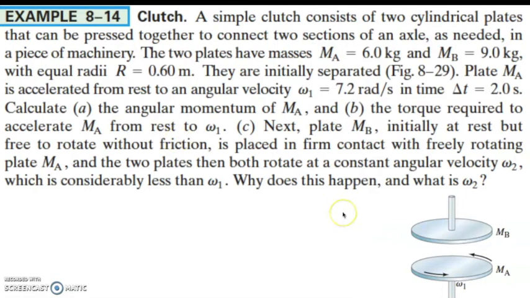So here's a long example. I'm going to read through it, and hopefully it can make sense as we do it. So a clutch, like on a car, or any kind of motorized vehicle, consists of two cylindrical plates that can be pressed together to connect two sections of an axle as needed. The two plates have masses mA that's 6 and mB that's 9 kilograms with the same radius of 0.6.